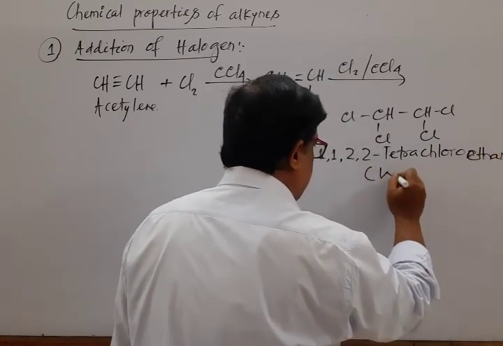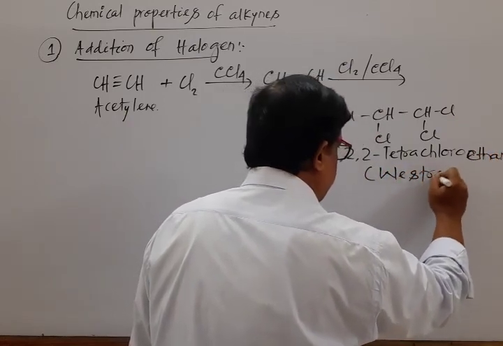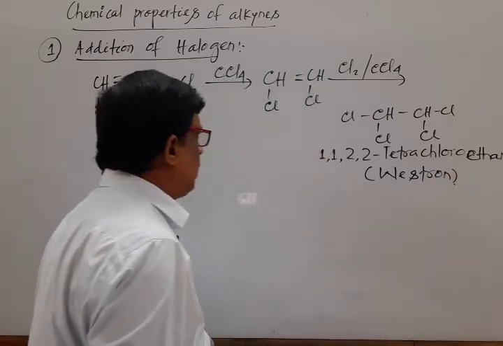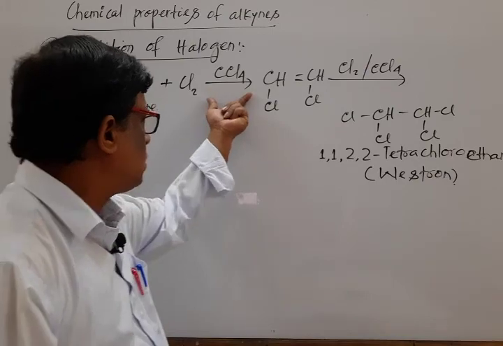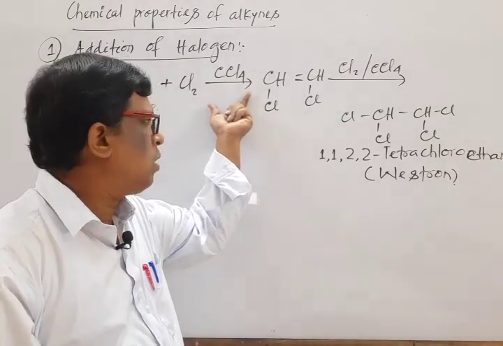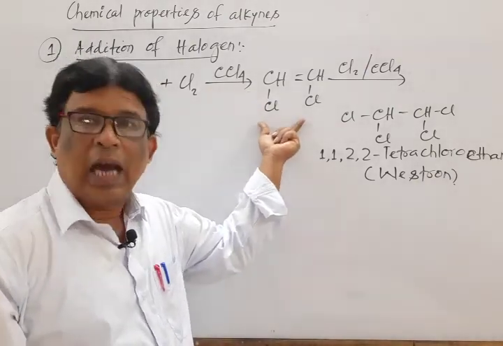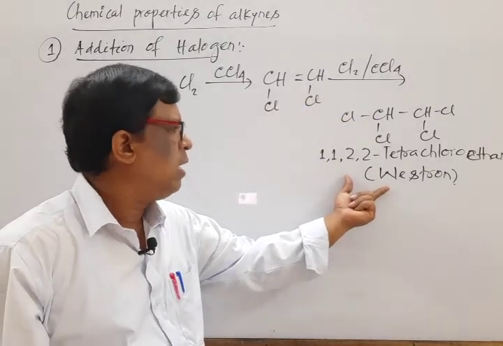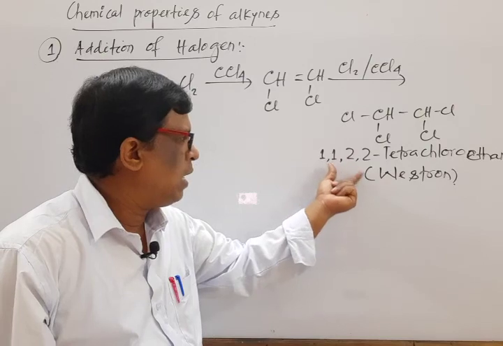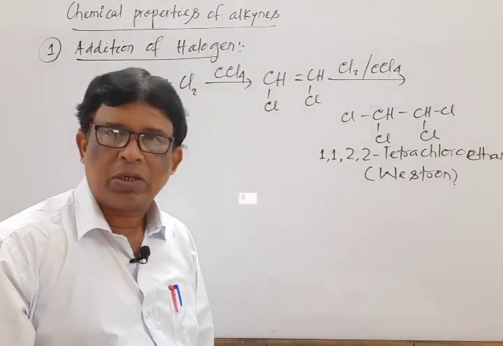It is otherwise known as Westron. Mark that. When acetylene reacts with chlorine in presence of solvent carbon tetrachloride, dihaloalkene is formed, and finally tetrahaloalkane, otherwise known as Westron.